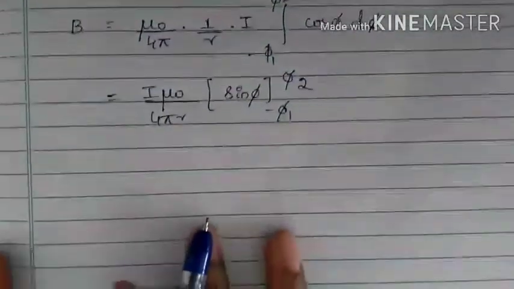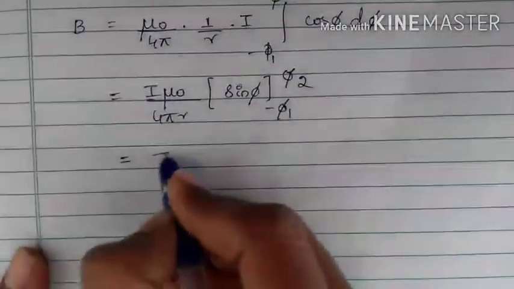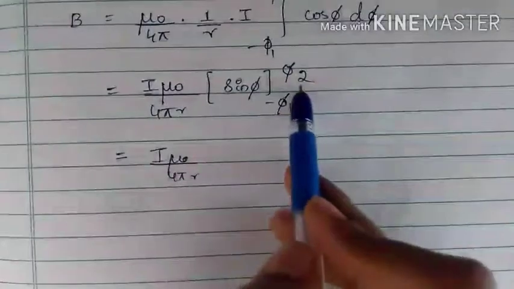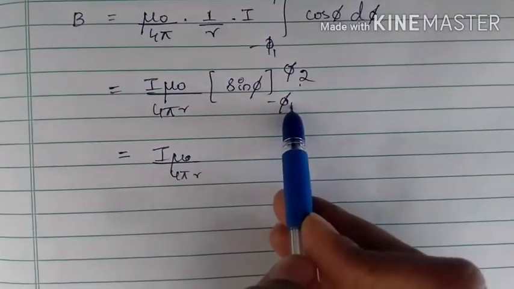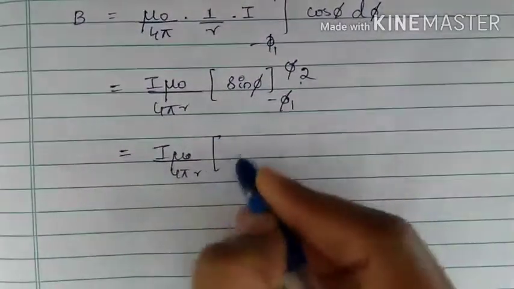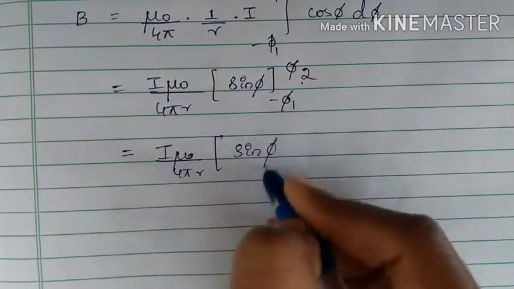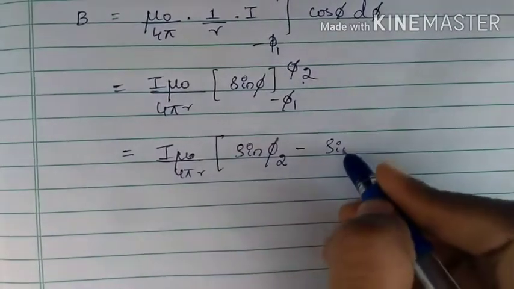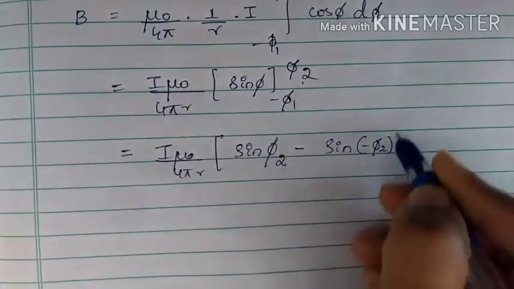Clear? Now substitute the limits: upper limit minus lower limit.